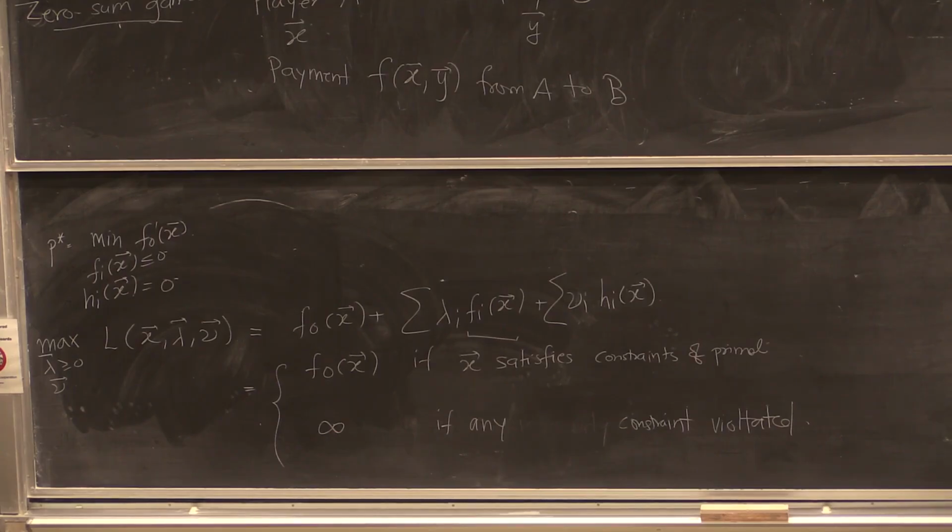So when I'm deciding my strategy, when I'm choosing my x naught, I know that whichever x naught I choose, this is the y you're going to choose, right? Does everyone see that? So now how should I choose my x naught knowing that this is how you will respond?